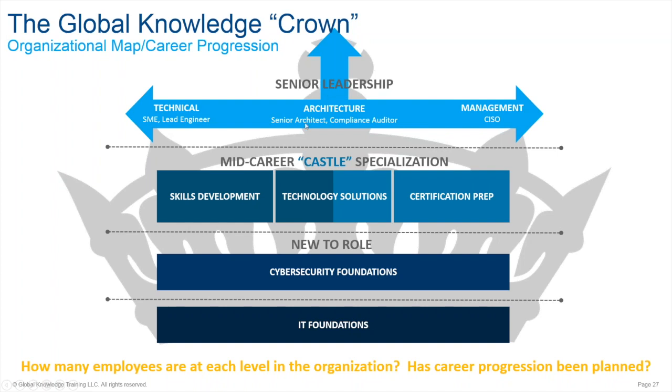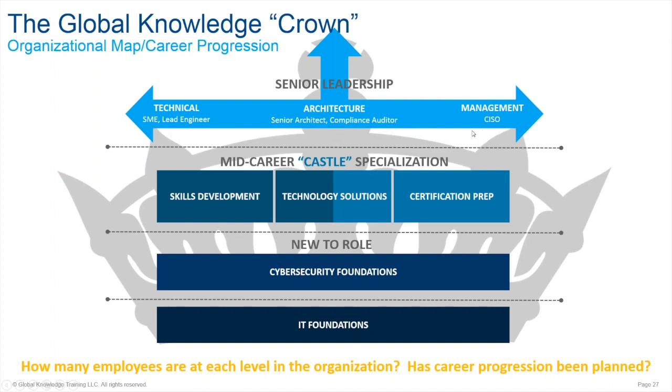Then at the senior leadership level, 7 to 10 years into a career, you have to think about your career path. So you're either going to stay technical, be a subject matter expert, lead engineer, fellow, or whatever. You go down the middle here, you have architecture. You can be a senior architect or compliance auditor, that sort of thing. So you understand policy and why things exist, and you can design things.